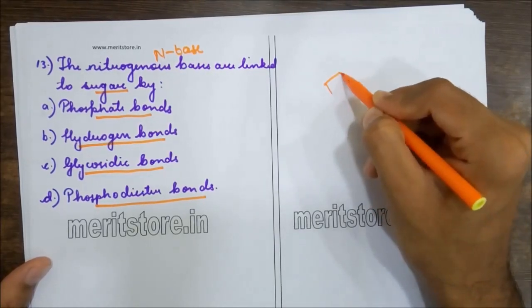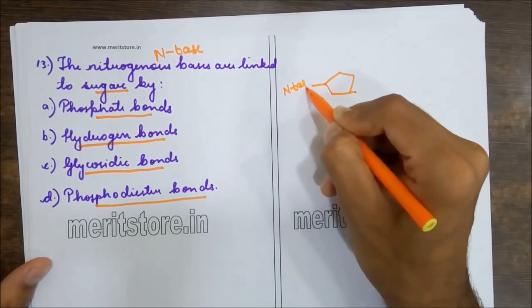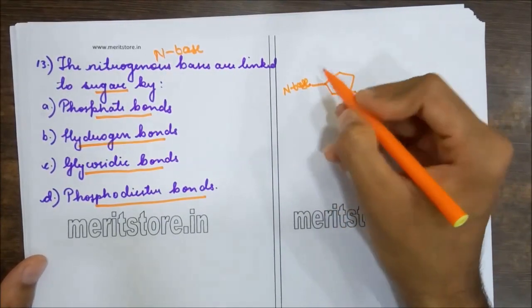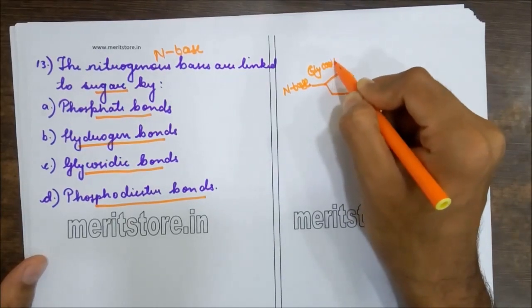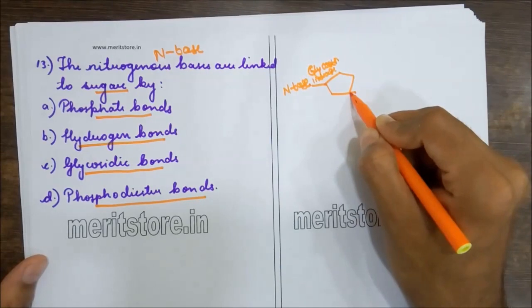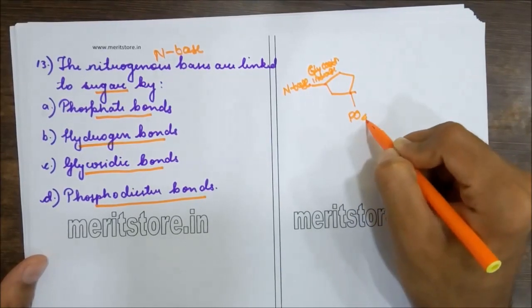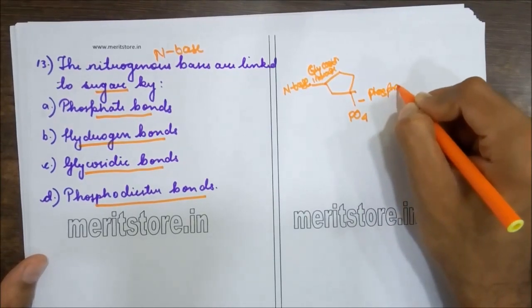It consists of a pentose sugar which is linked to nitrogen base by glycosidic linkage, and it is linked to the phosphate group by phosphodiester bond.